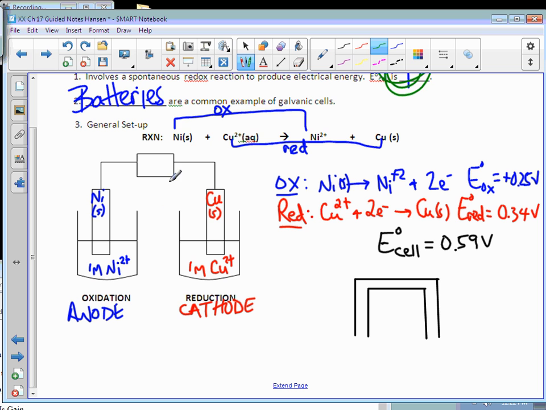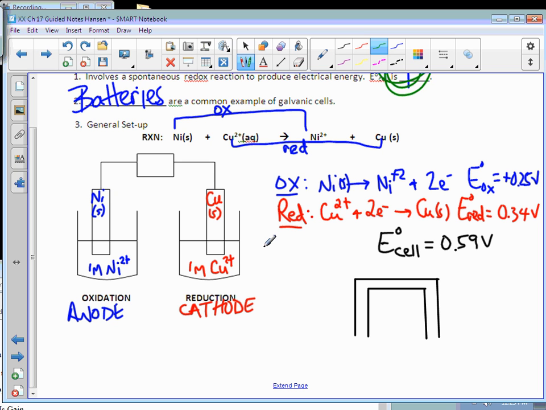The other piece: I have nickel, that's my nickel metal, and it's immersed in a nickel 2 plus solution. You have to have both. We're talking standard conditions, so that's why that's 1 molar. Now the copper. The copper is the metal, so we call that the electrode. The nickel's the electrode over here. And then it's immersed in a 1 molar copper solution.